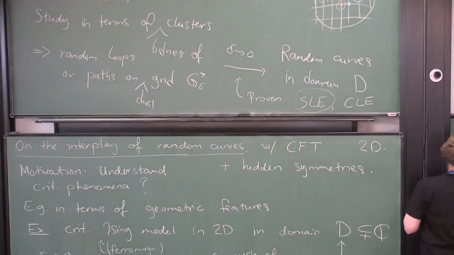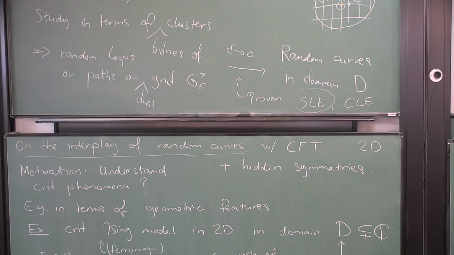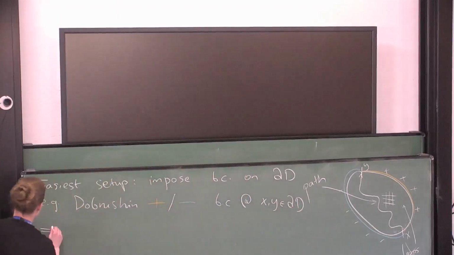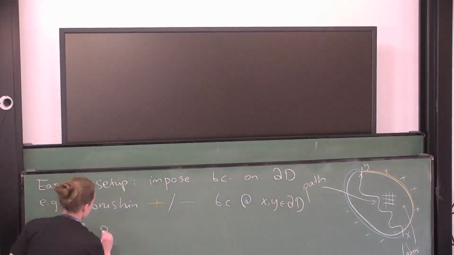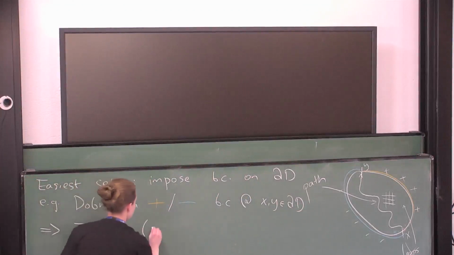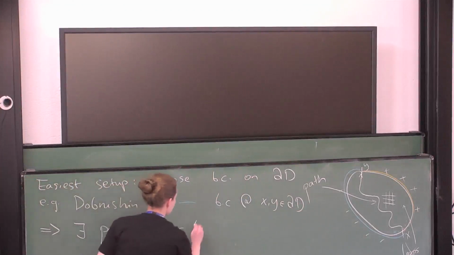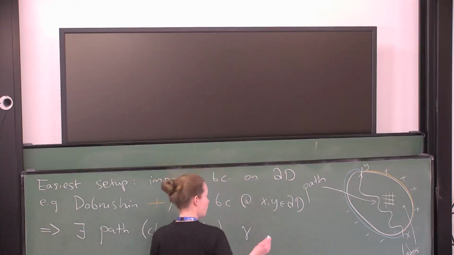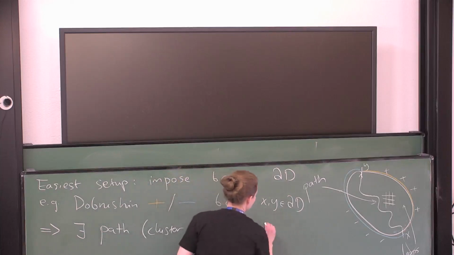So for instance, this is called Dobrushin, which is just plus-minus boundary condition, let's say at points x, y, which are different. So there's a cluster boundary, you can call it maybe gamma, and I could parameterize it.